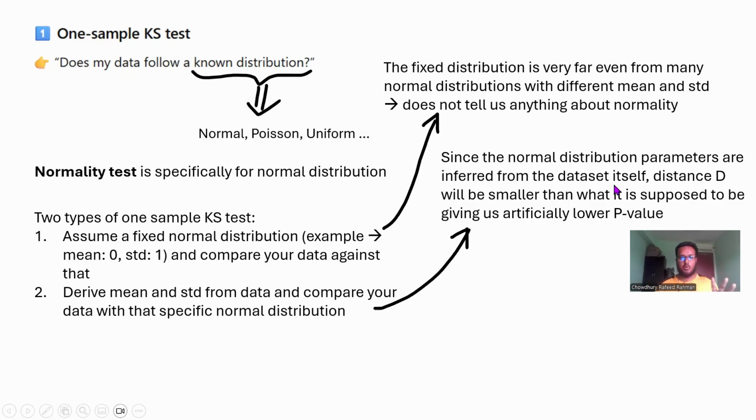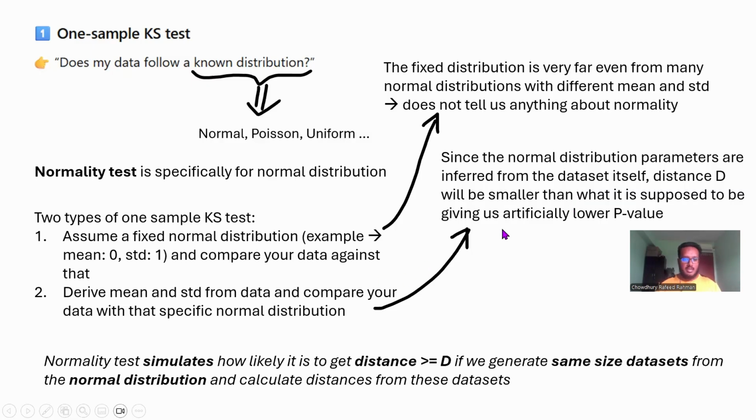But we don't want this overfitting, where we make the normal distribution based on the data and then artificially make the distance d smaller. If you don't know what I'm talking about regarding distance d, you must go back to the KS test in the previous video, which I left the link to in the description as always.